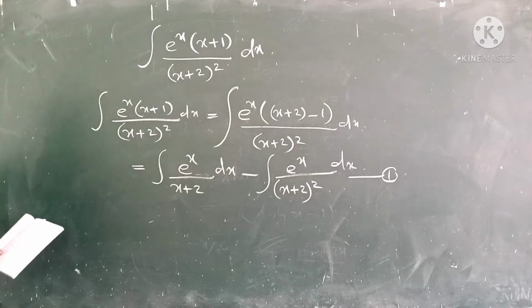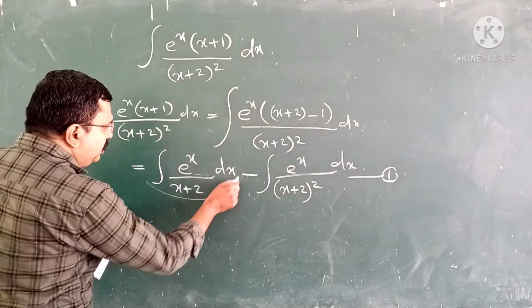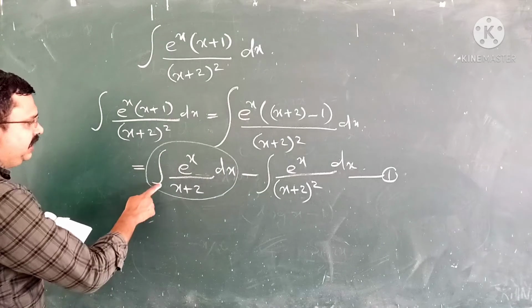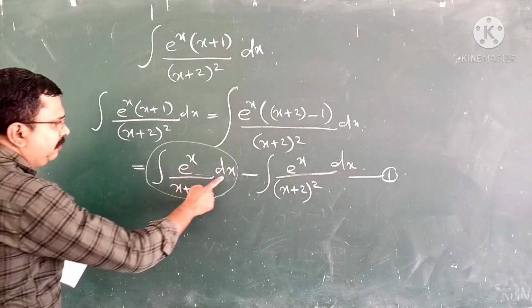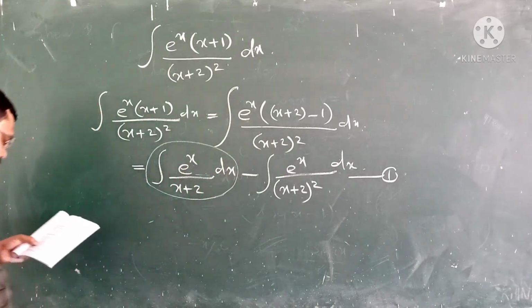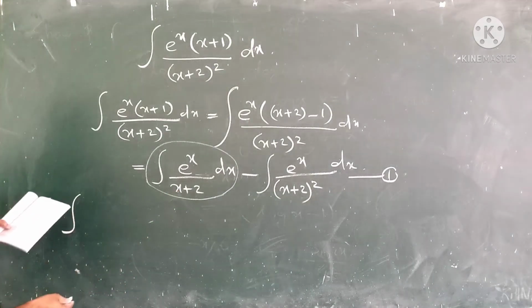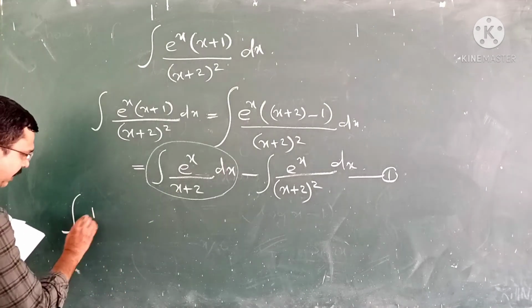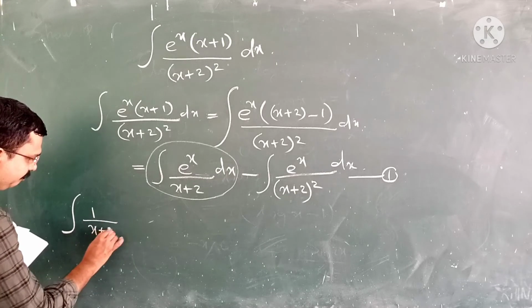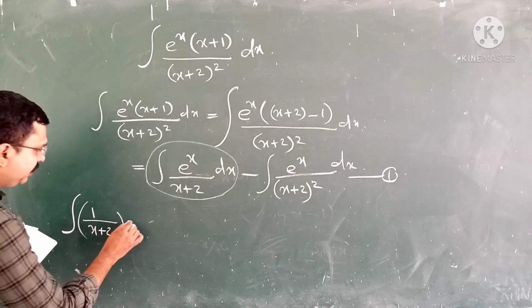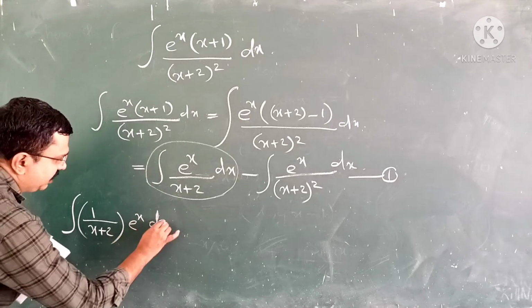Now we want to find out the value of this integral. Integral e raised to x divided by (x plus 2) dx can be written as integral 1 by (x plus 2) into e raised to x dx.